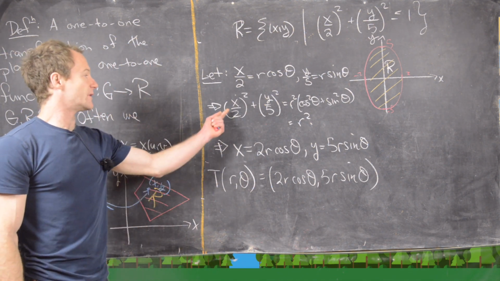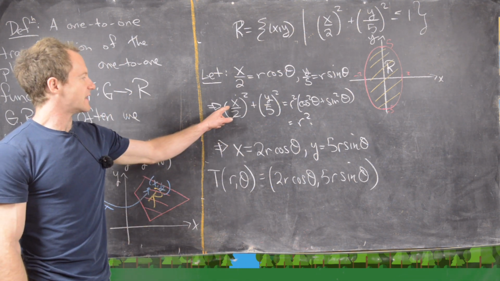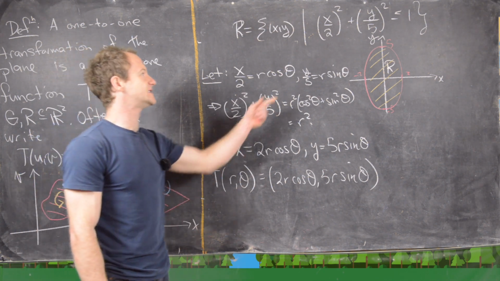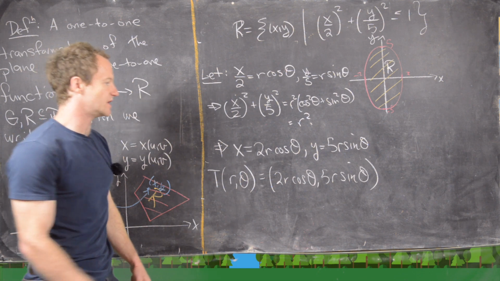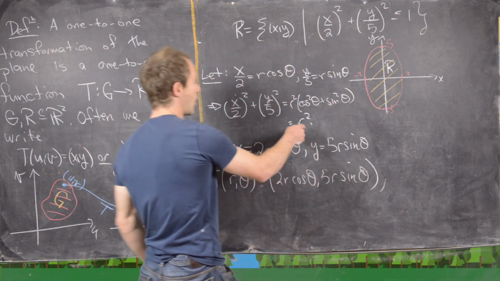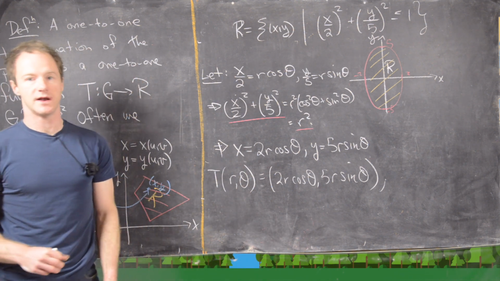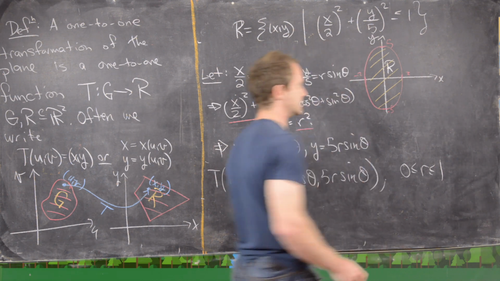Now, notice we have x over 2 squared plus y over 5 squared. That needs to be less than or equal to 1 by the definition of our region. So that means that r squared also needs to be less than or equal to 1, which tells us that r is going to be between 0 and 1.